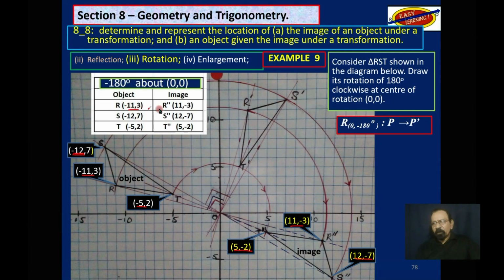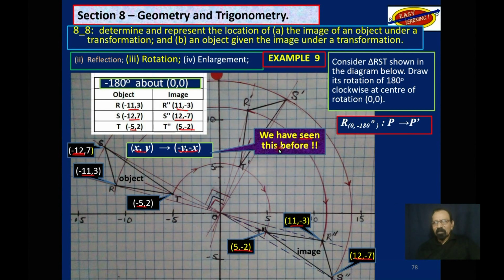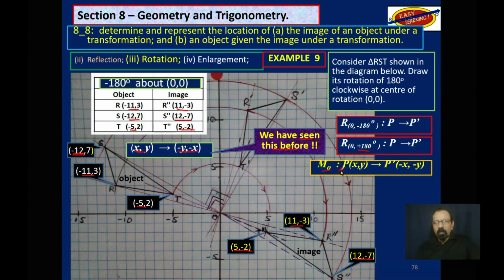The absolute values stay the same, but you multiply each one, x and y, by negative 1. So (x, y) maps into (negative x, negative y). We have seen this so many times before, like 180 anticlockwise as mirror image at (x, y). So we have seen that 3 times before.